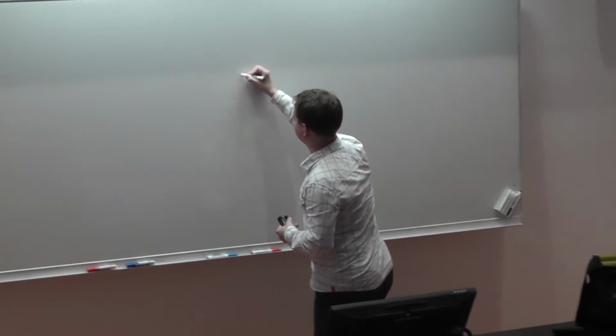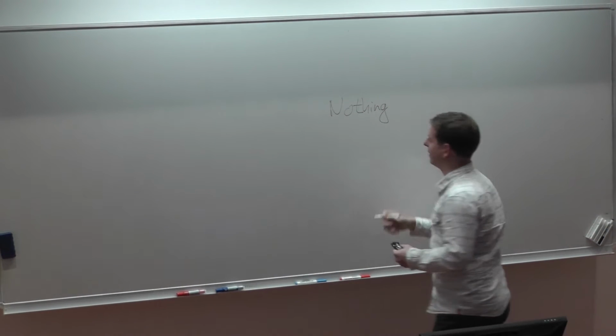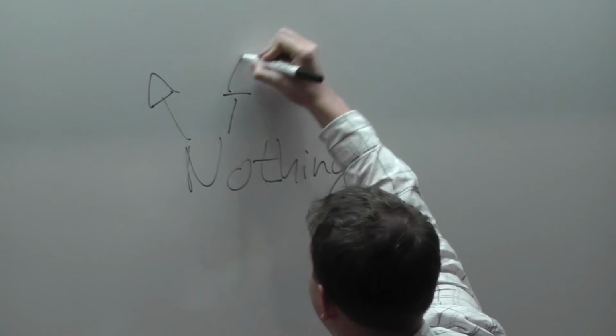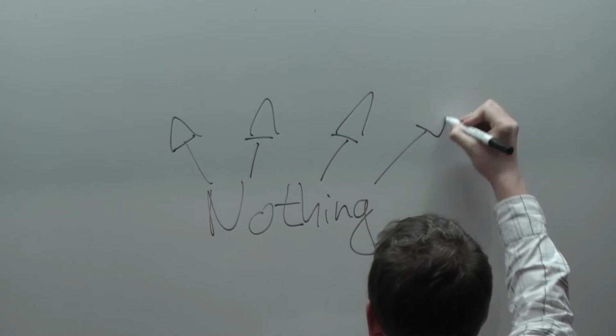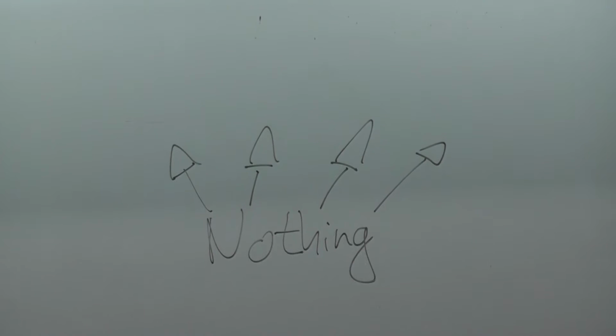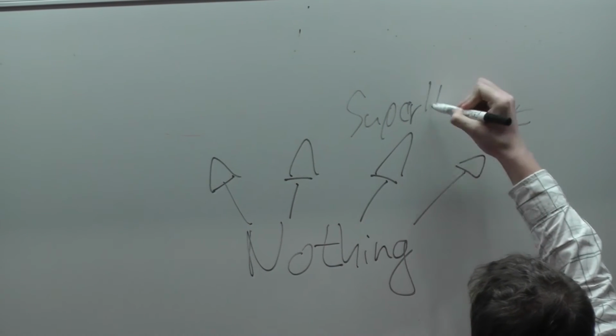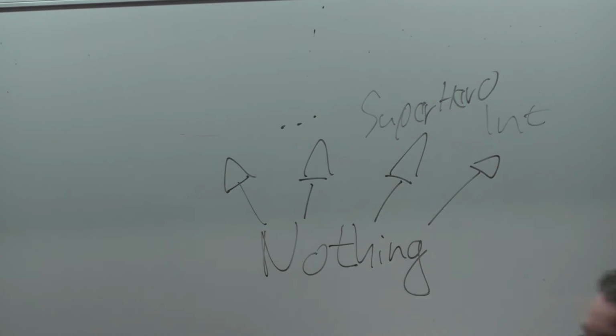In Scala, there is a special type which is called Nothing, and it is a subtype of any type in Scala's type system. Integer, superhero, you name it.